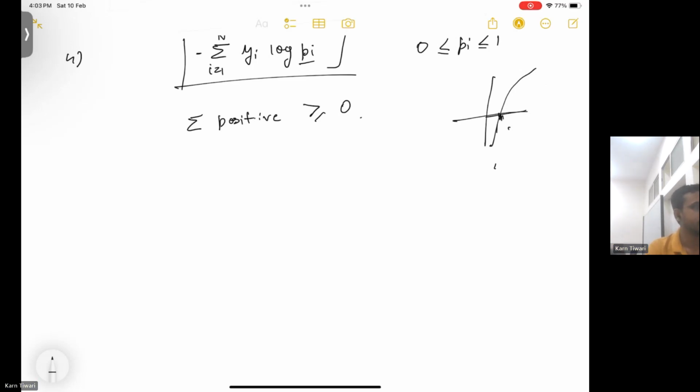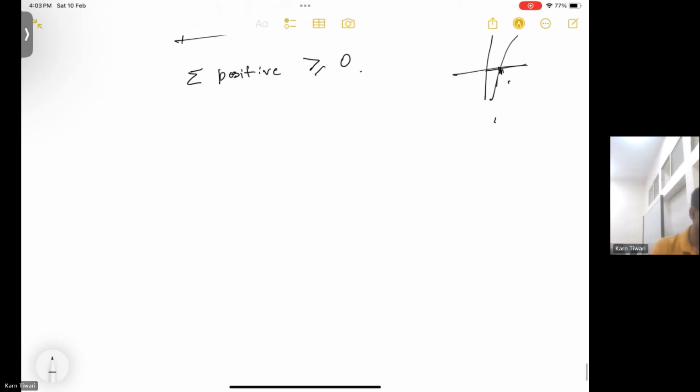Now the next question, let's solve it. If P and Q are two probability distributions, under what condition will the cross entropy between P and Q be minimized?